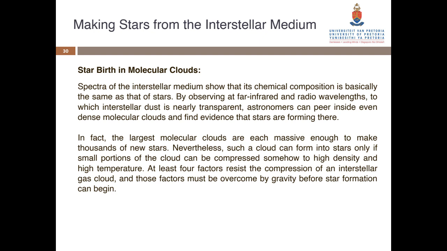And at least 4 factors resist the compression of an interstellar gas cloud. Those factors must be overcome by gravity before star formation can begin. So remember the key aspects of star formation: we need to firstly compress the gas cloud for star formation to happen.